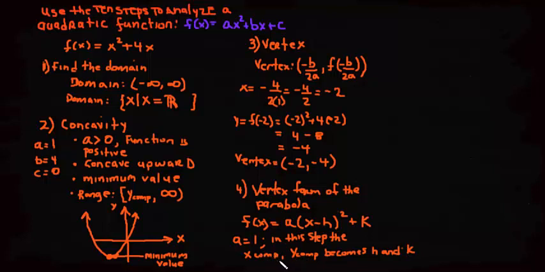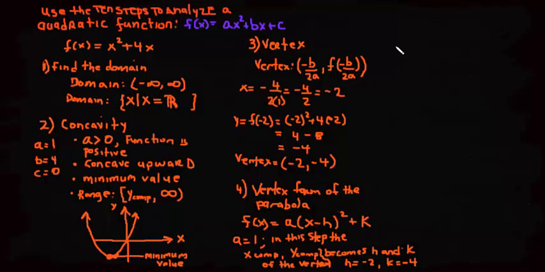So h is going to equal -2 and k is going to equal -4. Okay, so that's very important here, right?